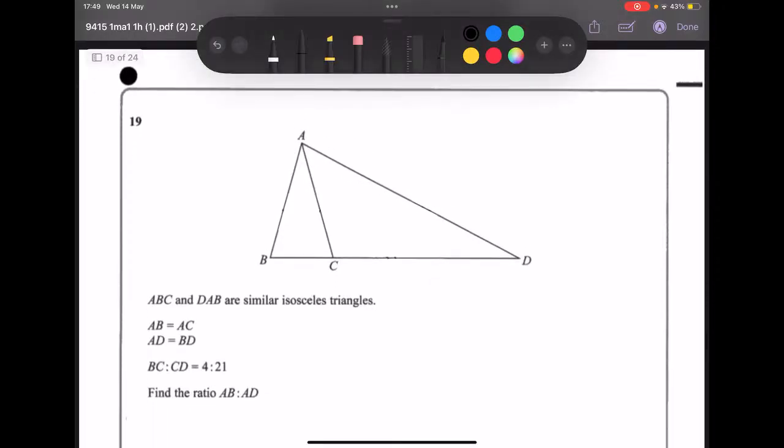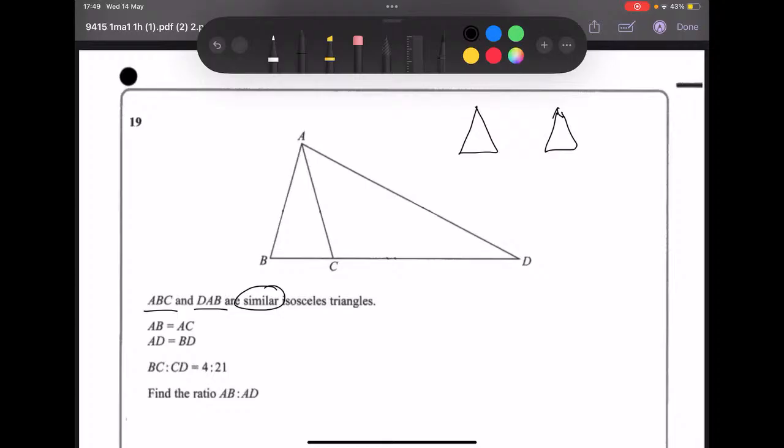Now question number 19. ABC and DAB are similar isosceles triangles. Therefore, ABC equals this shape, and ABD is also the same shape, just a bit larger.